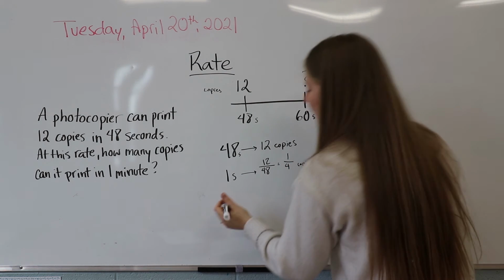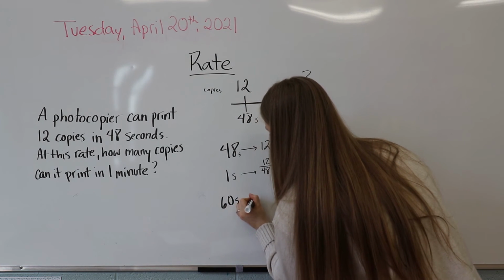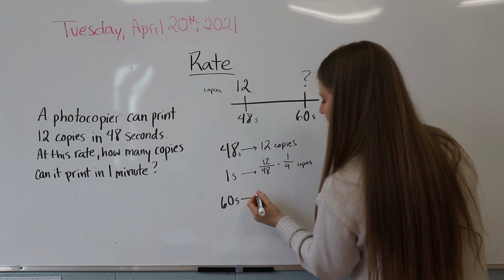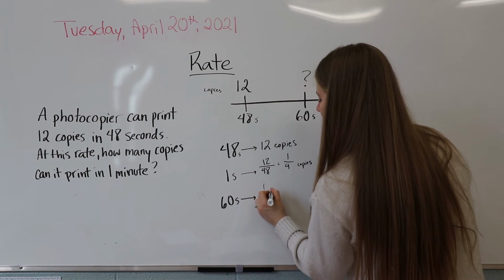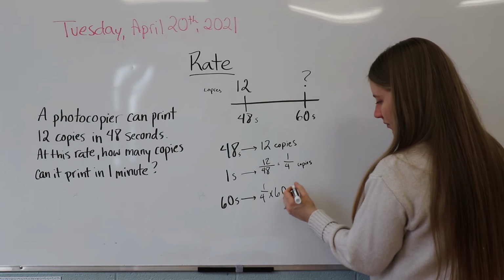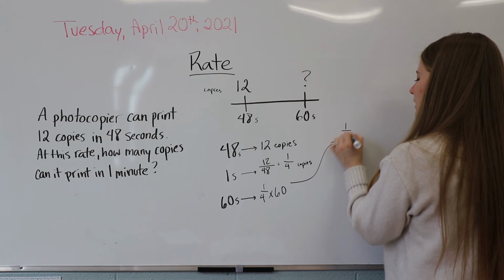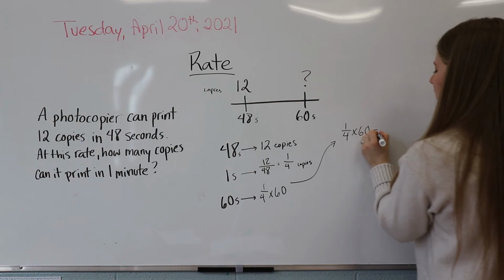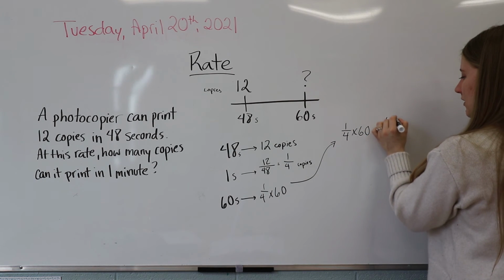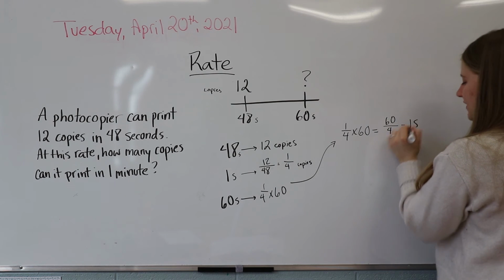And now that we have that, we can multiply it to find the value of 60. So in order to find the value of 60, we take our new number, which I'm going to keep as a quarter, and we multiply it by 60, okay? Here, I'll do the math over here again. 1 over 4 times 60 equals 60 over 4, which we have to simplify to be 15, okay?